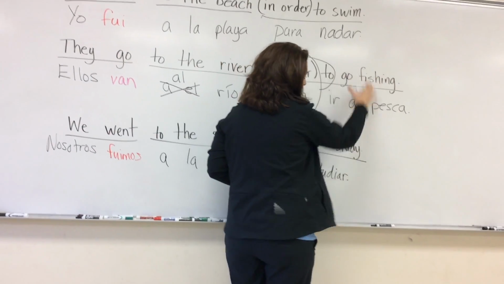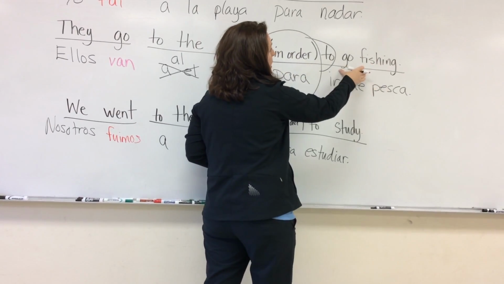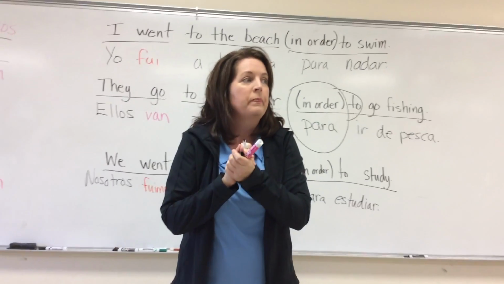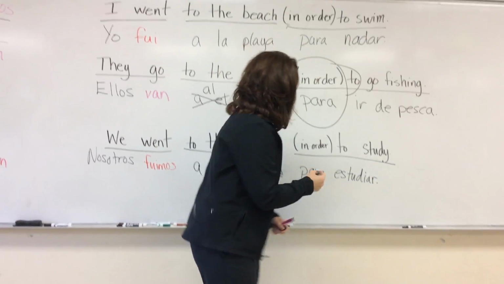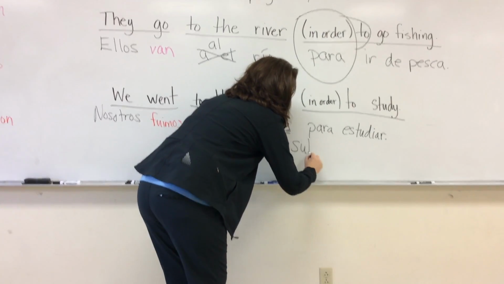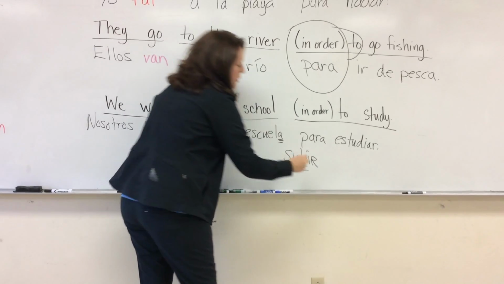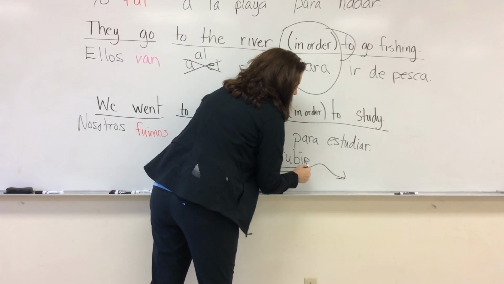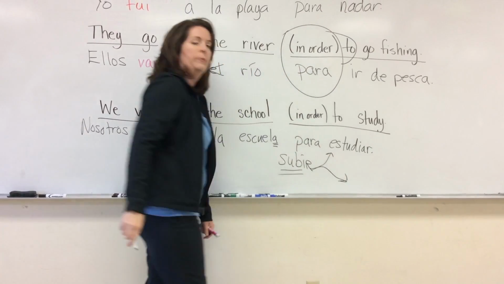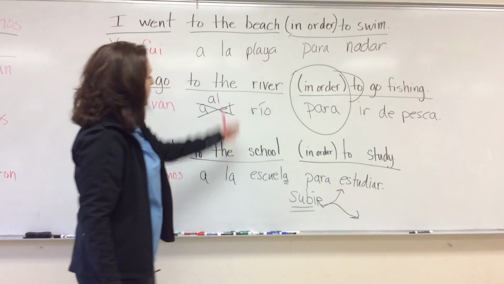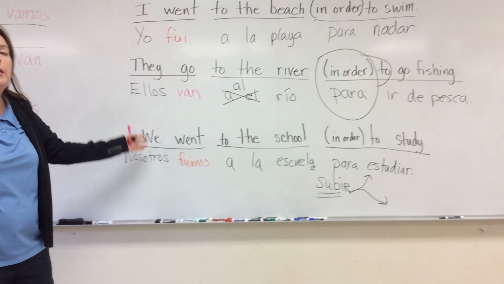And then we're learning actions like estudiar, ir de pesca, nadar, hacer, subir. Subir is one of our words, I know. And if I haven't told you this before, I know you see submarine, you think the sub goes down, but think of the sub climbing to the surface. Okay? Come up with tricks to remember your verbs, your places, and your people.